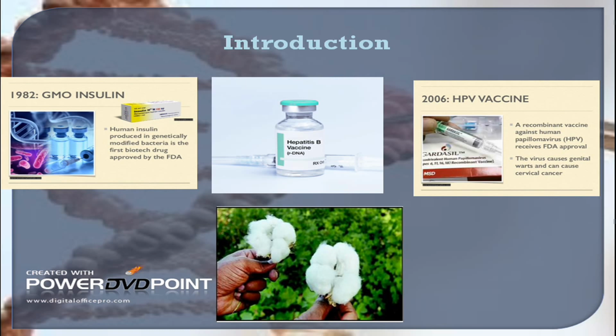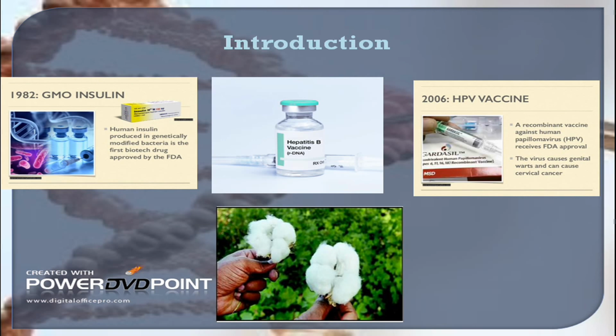You can see in the picture, the first picture on the left hand side, the 1982 GMO insulin. It is human insulin which is produced in bacteria.